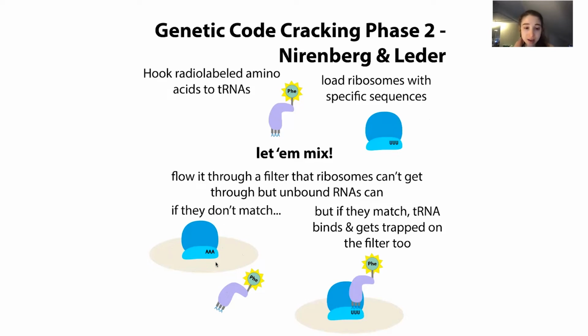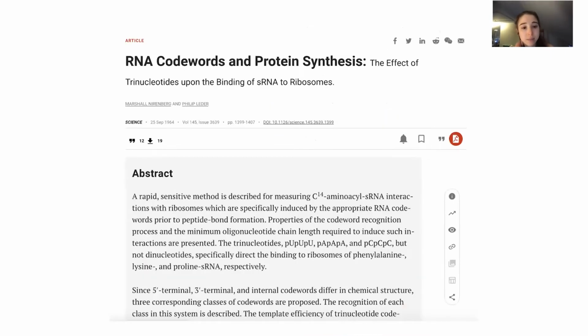But if they are not complementary to one another, if they don't match, then you're not going to get the radioactivity trapped. You can radiolabel different tRNAs and use different sequences to tease apart these different combinations. And this is what they did.